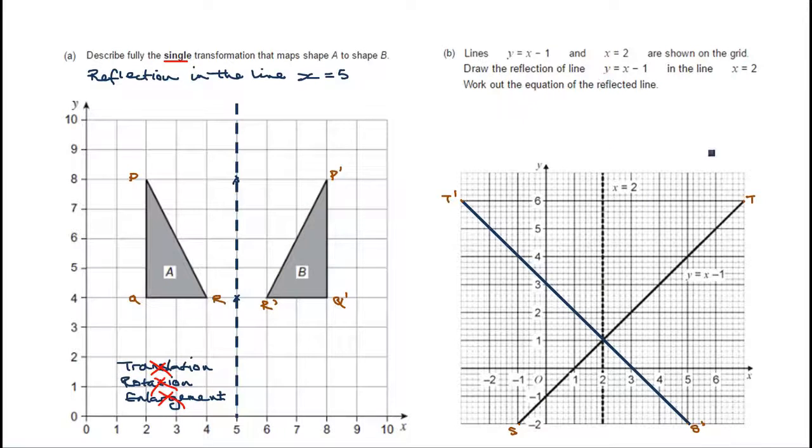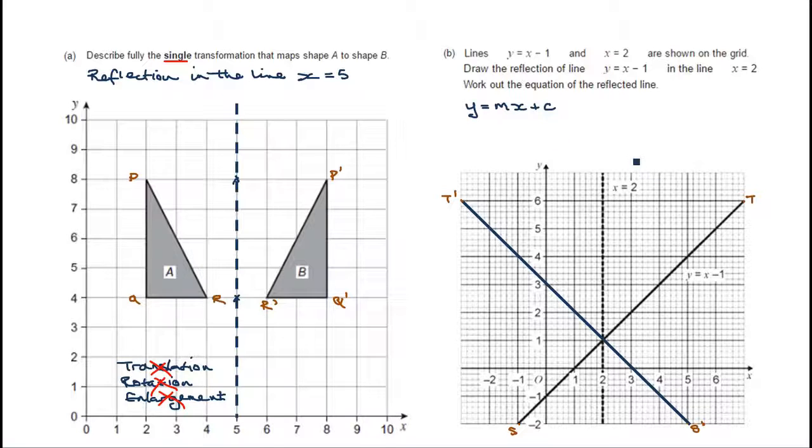Okay, so now we've drawn the line of reflection. We've drawn the reflected line, rather, the image through the line of reflection. We now need to work out the equation of the reflected line. To work out an equation, you follow this formula: y equals m, which is the gradient of the line, times the x value, plus some constant.